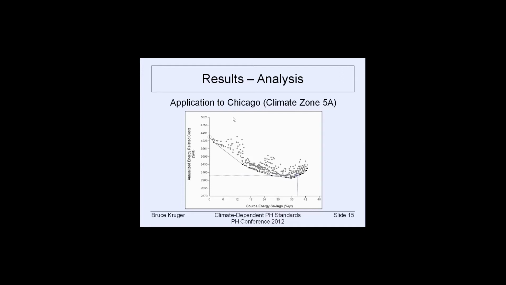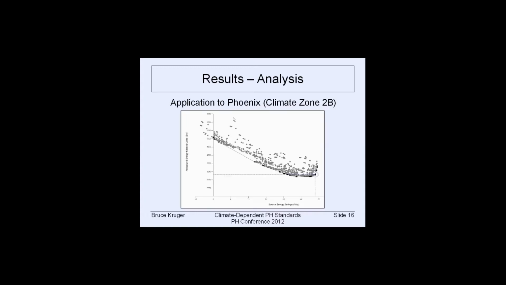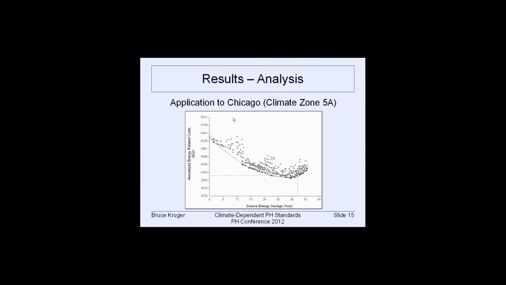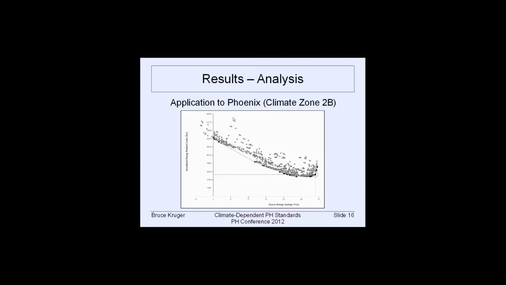I wanted to show you a couple other examples just to show the kind of effects that different climates have. So here's Phoenix, which is extremely hot and sunny. And you see that over on the right, so I'm going back to Chicago now, the curve comes up relatively gradually. In Phoenix, the curve really shoots up almost vertically.